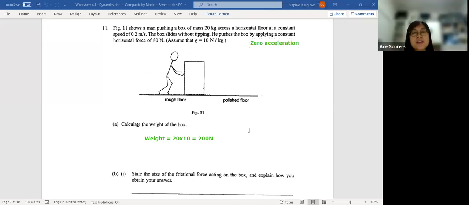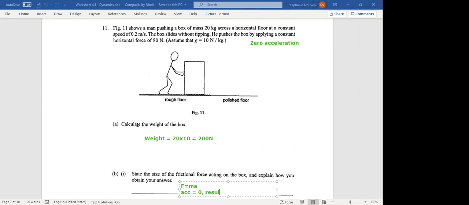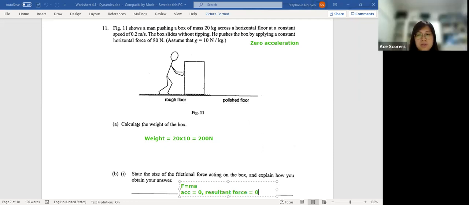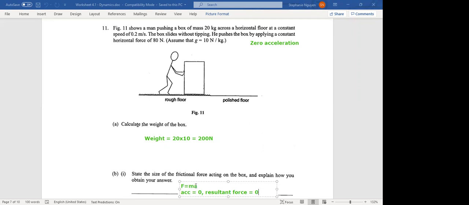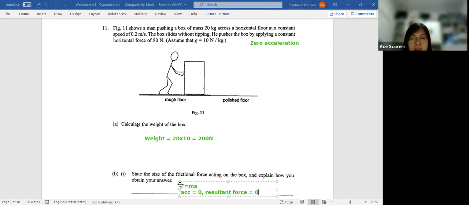Okay, so if there's a zero acceleration and we use the F equals to ma formula, can you see that this means that acceleration equals to zero, which also means that the resultant force is also equals to zero, right? Because if you sub a equals to zero, F will definitely become zero, right?